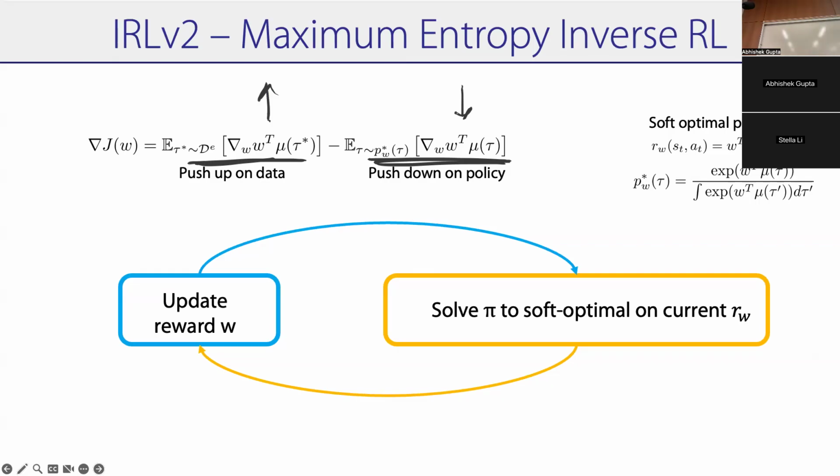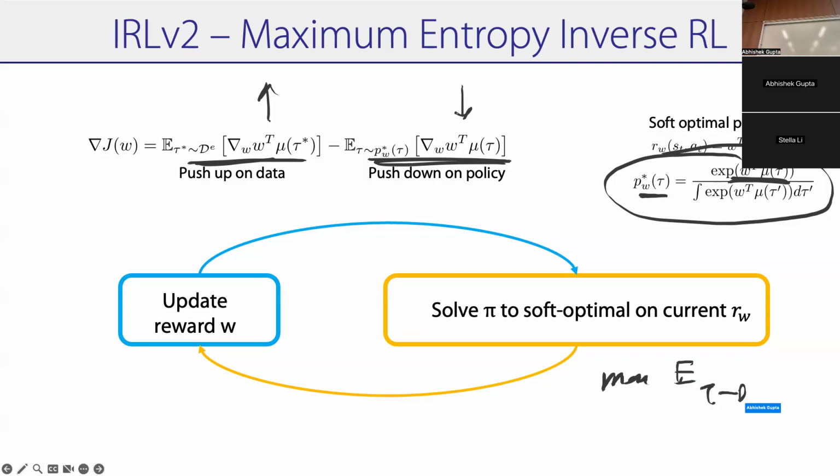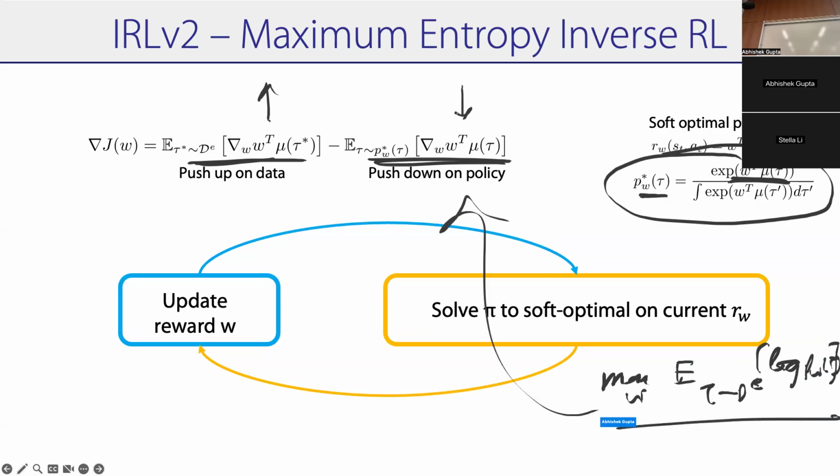A much easier derivation is just starting from the premise of soft optimality, which says the likelihood of a trajectory is proportional to exponentiated rewards. You can just do maximum likelihood on this objective: maximize the likelihood of trajectories from the expert, log p_W of tau, with respect to W. You solve this, and you get this objective too.